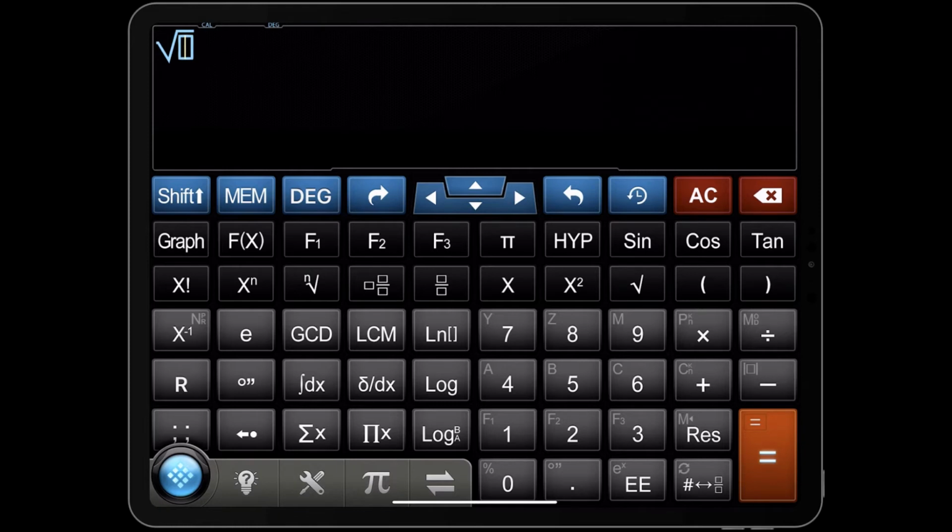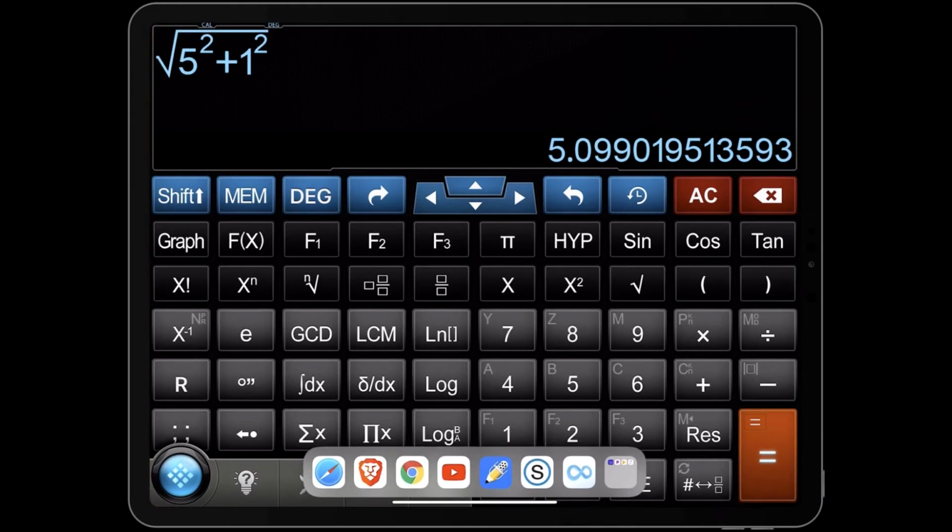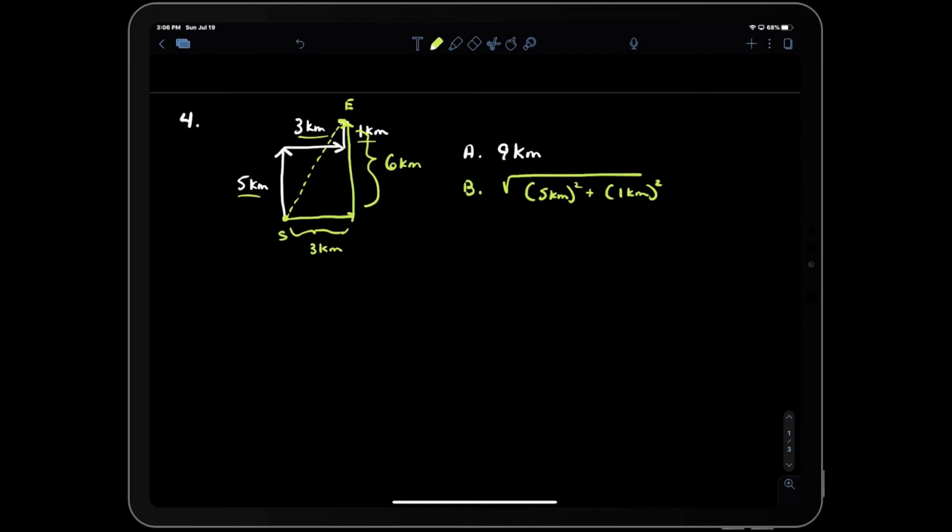So 5 squared plus 1 squared equals, we have 5.1 is what we'll go with. Okay, so we have 5.1 kilometers, and then we have to have a direction because every displacement has magnitude. This is the magnitude, and then we have to have a direction with it. The direction is to the northeast.